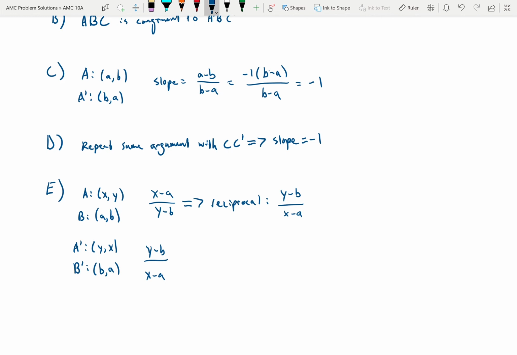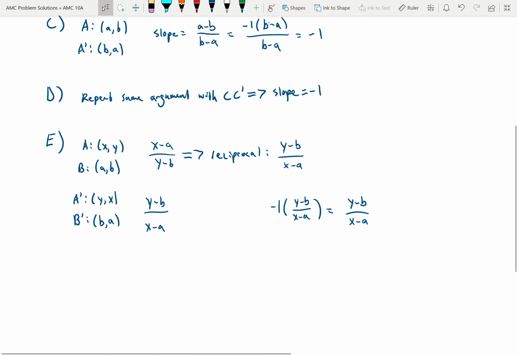So for two lines to be perpendicular, it's got to be true that -1 times the reciprocal, -1 times (y minus b) over (x minus a), has to be equal to (y minus b) over (x minus a). Well, if I do this, -1 equals (y minus b) over (x minus a), and this then becomes times (x minus a) over (y minus b).